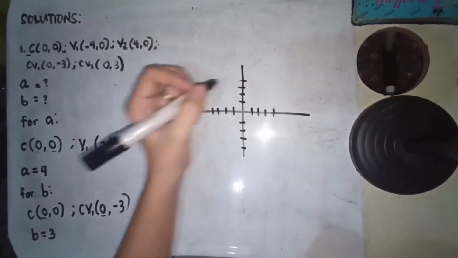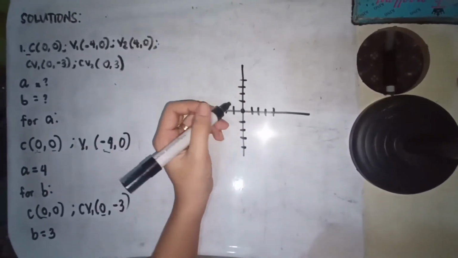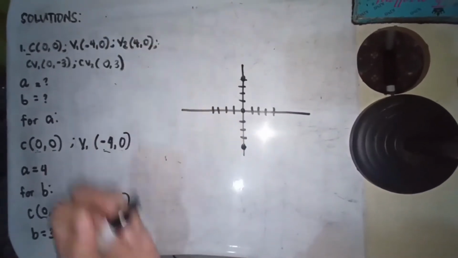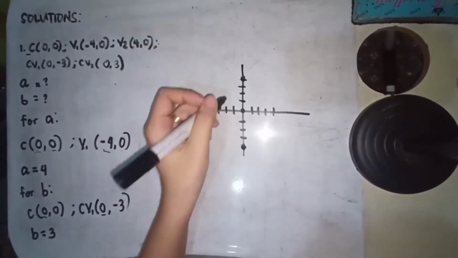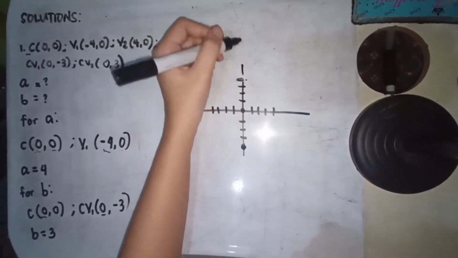We have the center at (0, 0). We have co-vertices at (0, -4) and (0, 4). Our co-vertex, we have (0, negative, sorry, x, 4 and 0.